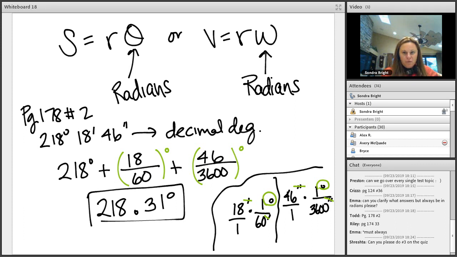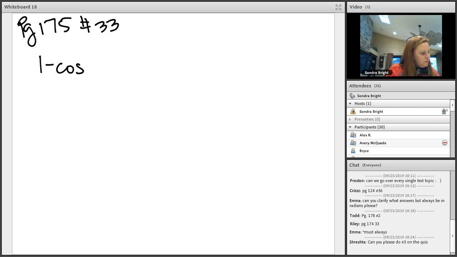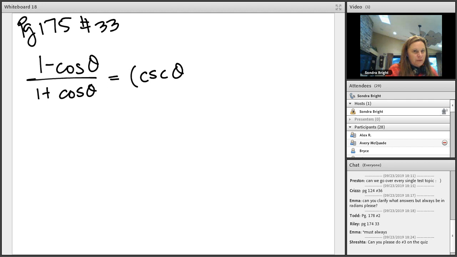Page 174, number 33. All right, we got 1 minus cosine of theta over 1 plus cosine of theta, equals cosecant theta minus cotangent of theta, quantity squared.